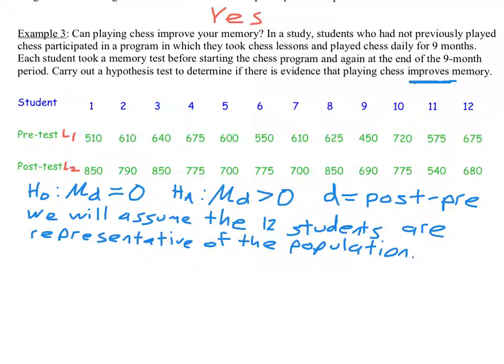And now we're going to check the second condition by checking either a box plot, a histogram, or a normal probability plot. So I'm going to do a normal probability plot, and what a surprise, it looks good. I see a roughly diagonal straight line.